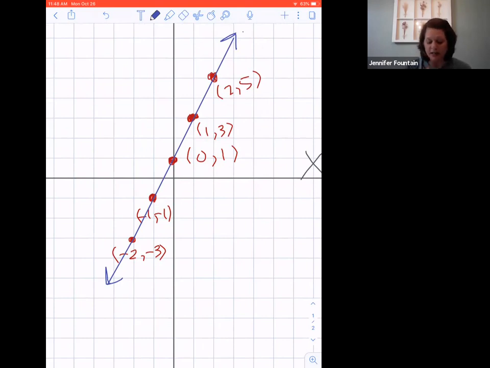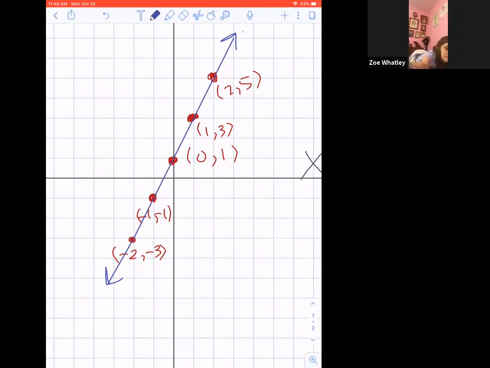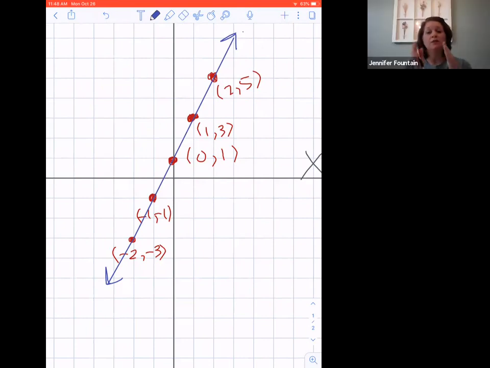So I connect my dots, extend through my furthest 2 points, and write arrows on the end. What do those arrows indicate? That it keeps going. That my line keeps going.